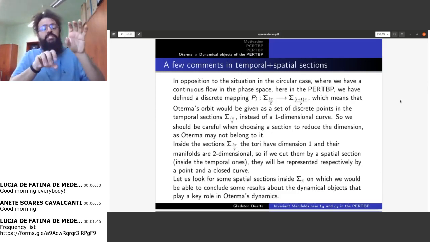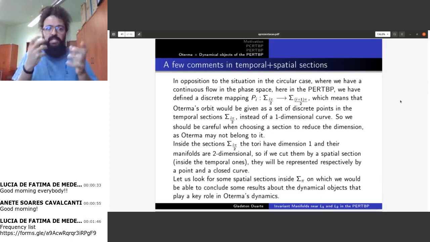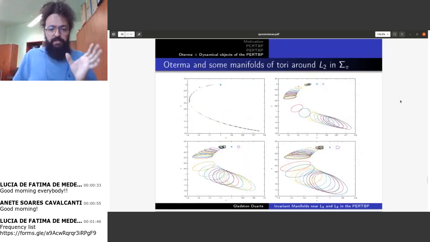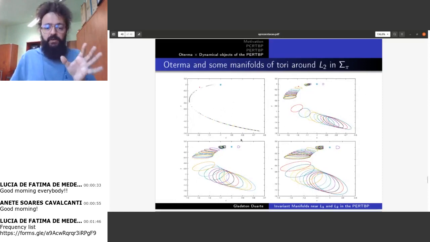If they don't have an intersection, it would be clearer for us, right? Let's see if we can define something that looks like this section here. If you allow me, here we live in a temporal section. It's not the full phase space.